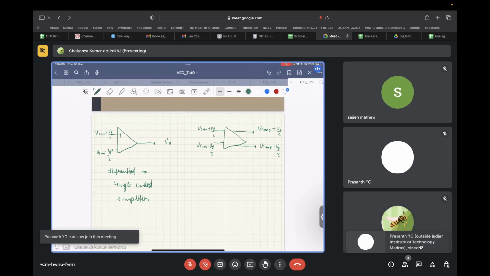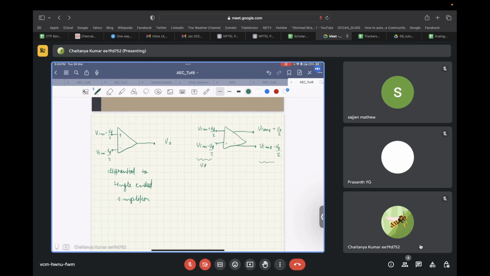So, in this case, the input is basically taken as the difference between the two lines that we have, that is Vd, and the output that we have is the difference between the two output lines, that is V out. So, this is a fully differential amplifier.